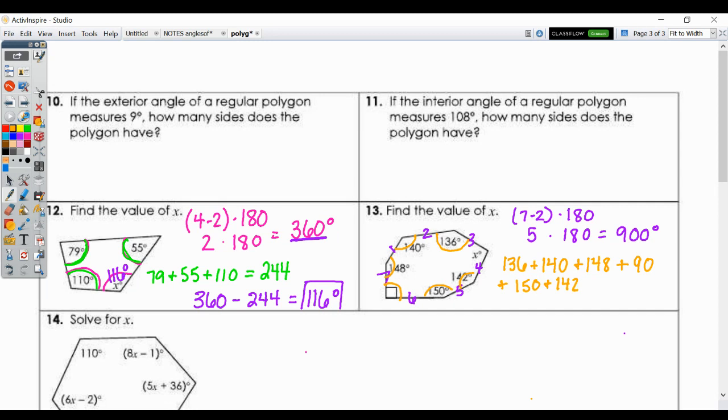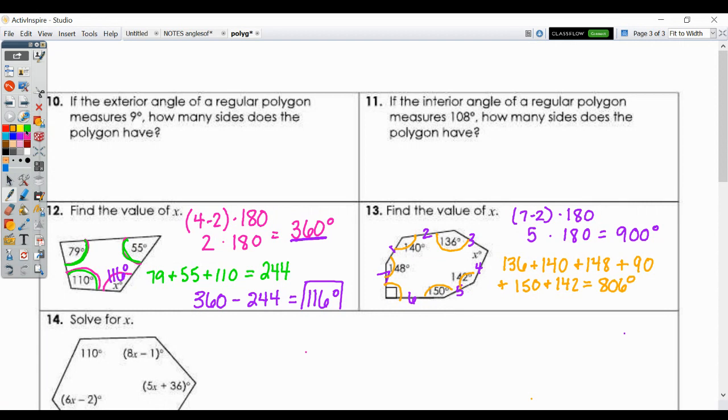Okay, so I'm typing all of this in my calculator to see what the total is of all of the angles that I know. So 136 plus 140 plus 148 plus 90 plus 150 plus 142. That gives me 806.